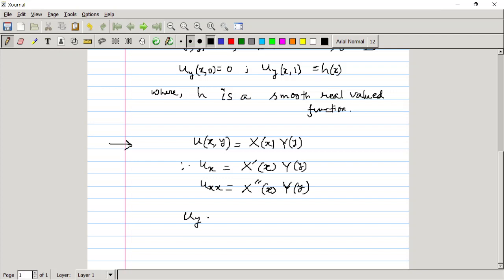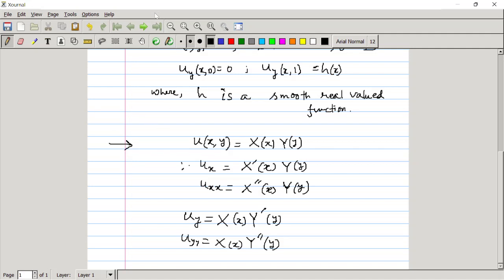Similarly, u_y is only differentiation with respect to small y, so X remains constant into Y'(y), and u_yy is X into Y''. So now I will put it in the equation.